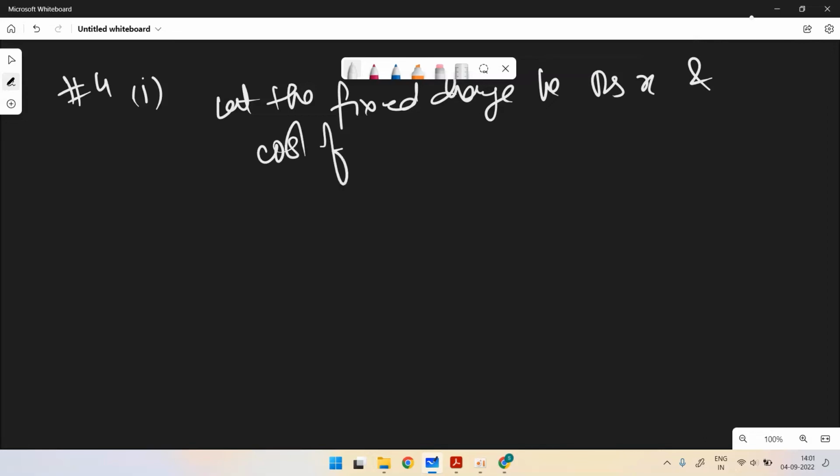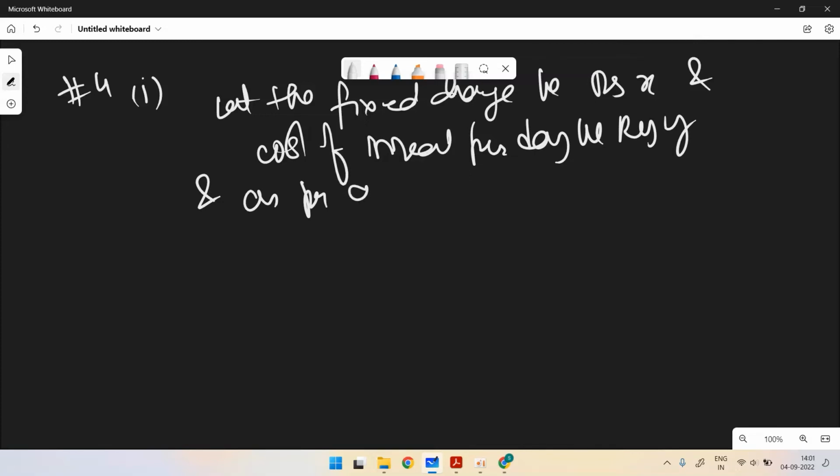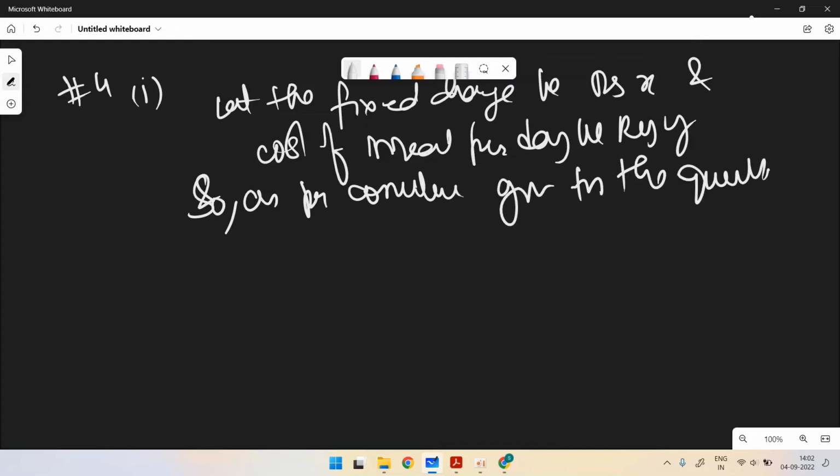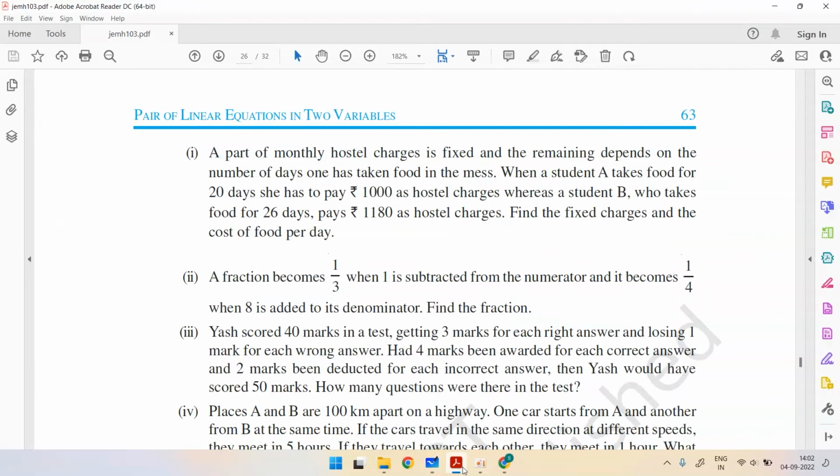So let the fixed charge be rupees X and the cost of meal per day be rupees Y. As per the condition given in the question, student A takes food for 20 days.